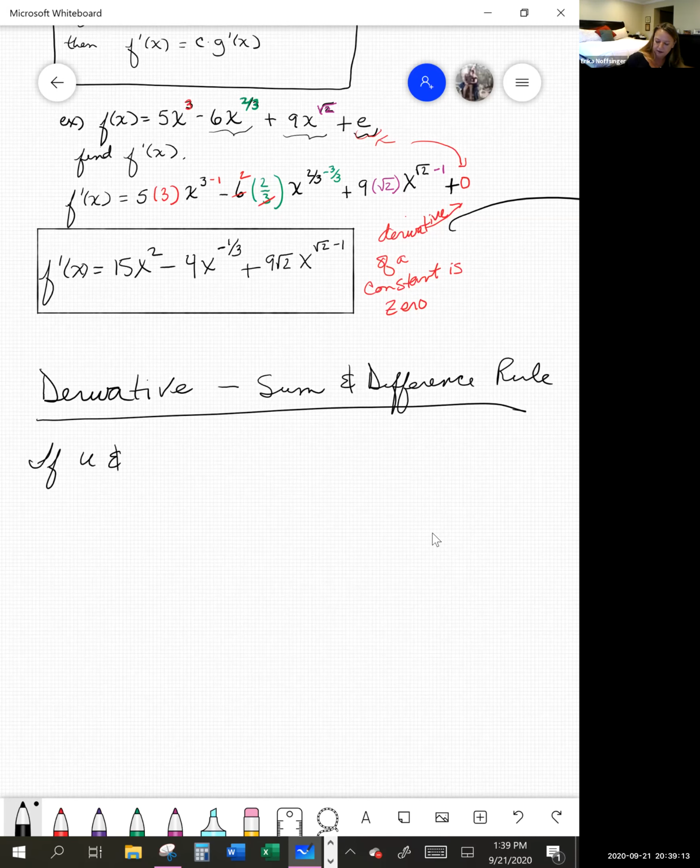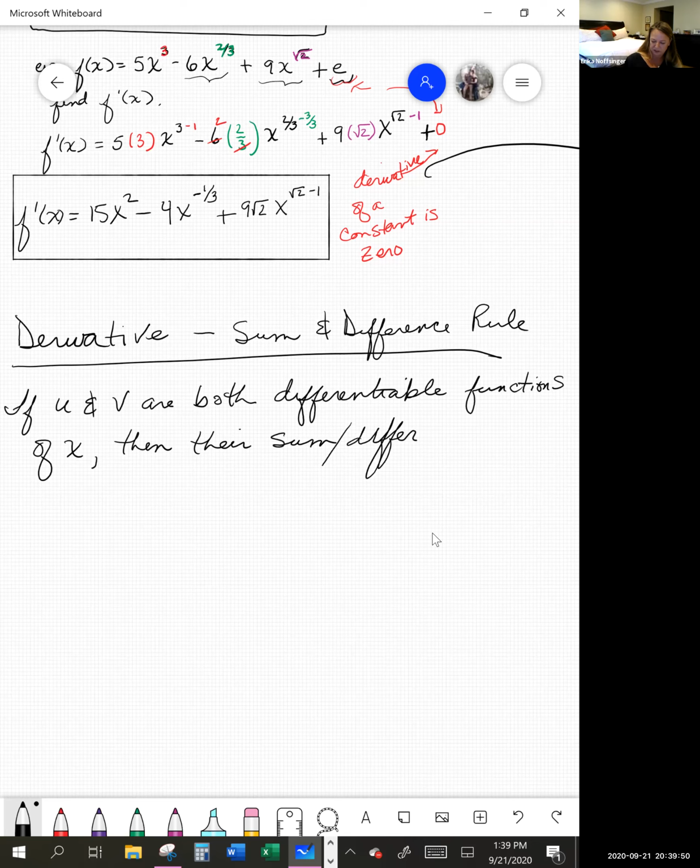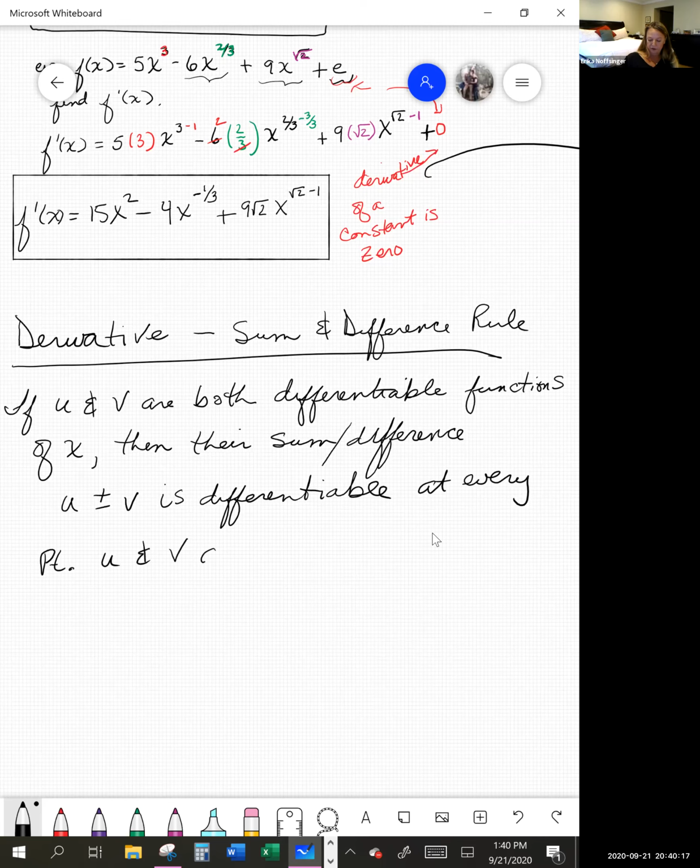So if u and v are both differentiable functions of x, then the sum or difference, because I was putting both of those in there, of u plus or minus v is differentiable at every point where u and v are both differentiable.